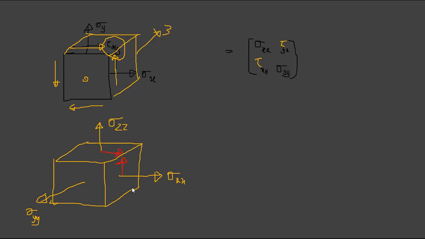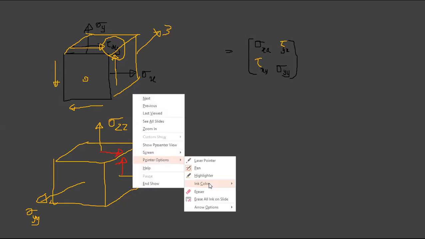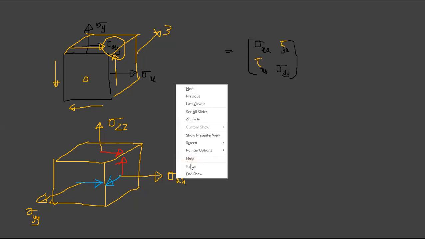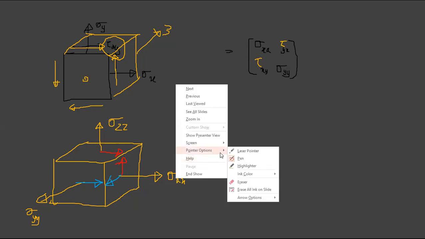If you take these two planes, these two are equal. That is tau xz, right? If you take these two planes, there are two shear stresses acting on each other, and that will be tau xy.